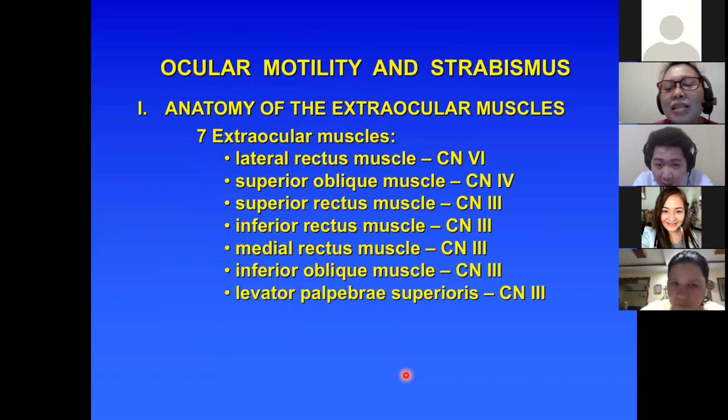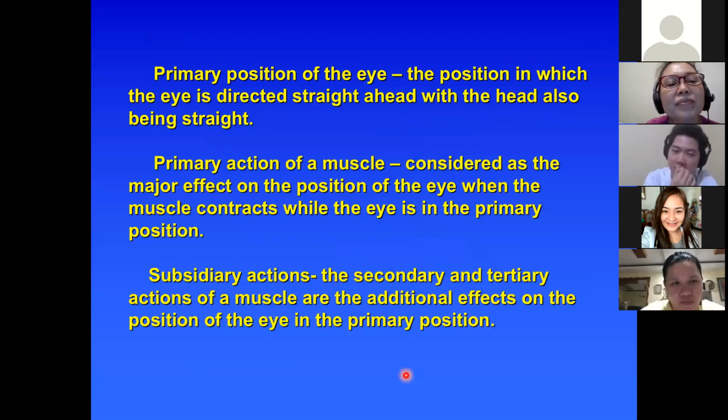So the rest is 4 and 6. LR6, SO4, R3. The levator is included in your extraocular muscles. That's your 7.